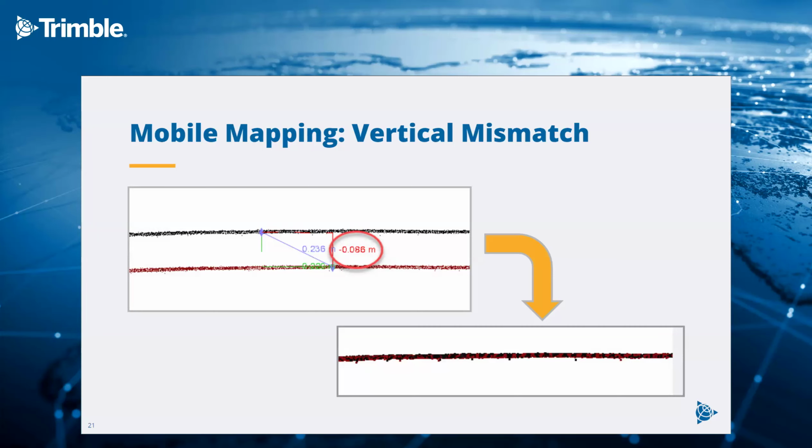In this specific example, we have a difference of close to 9 centimeters. And the job of LiDAR QC is to remove this conflict of 9 centimeters and match the point clouds from all the individual runs and the revisits of the same scene.